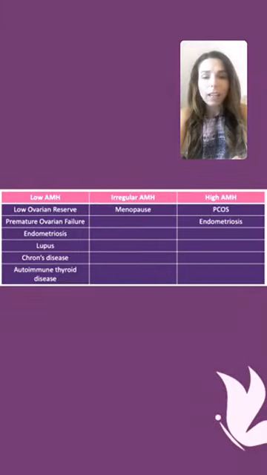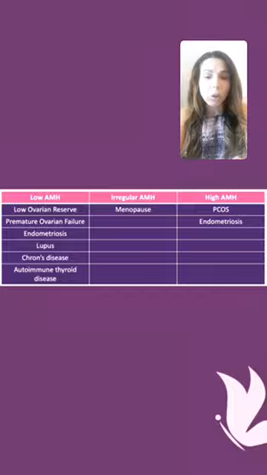So high values are associated with more follicles. So you would usually have more eggs if you're trying to conceive, or if you're going through IVF and you were to receive ovarian stimulation, you would produce more eggs. So that is a good indicator of the amount of follicles and the amount of eggs that you get.